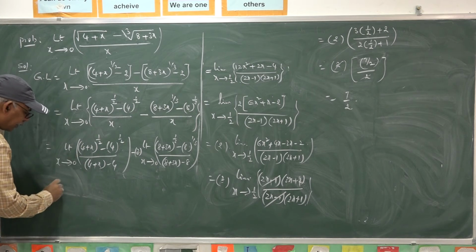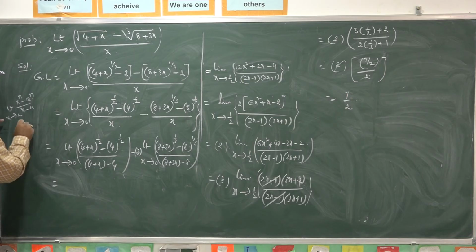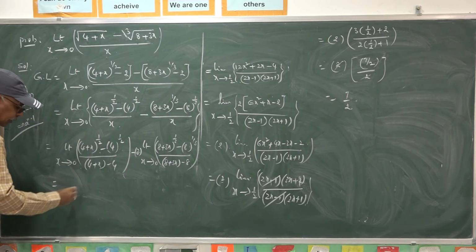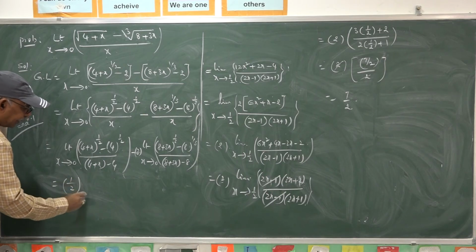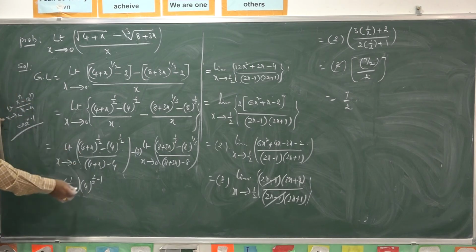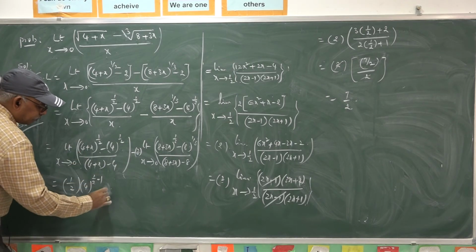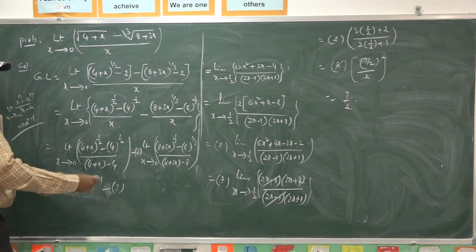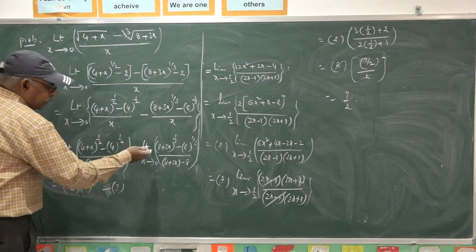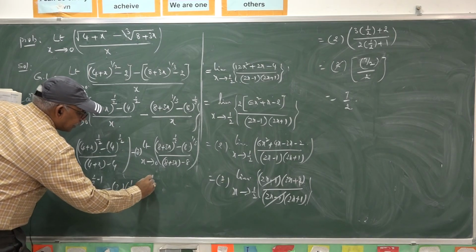So by this formula, n into a^(n minus 1), you can write n is 1/2, a is 4^(1/2 minus 1). This is the limit of this one, minus 3 into, because 3 is a constant, by this formula, 1/3 into 8^(1/3 minus 1).